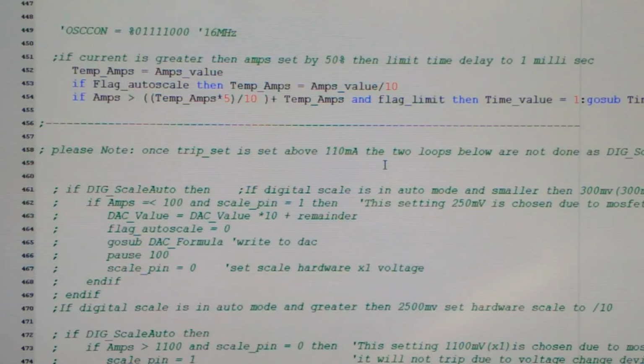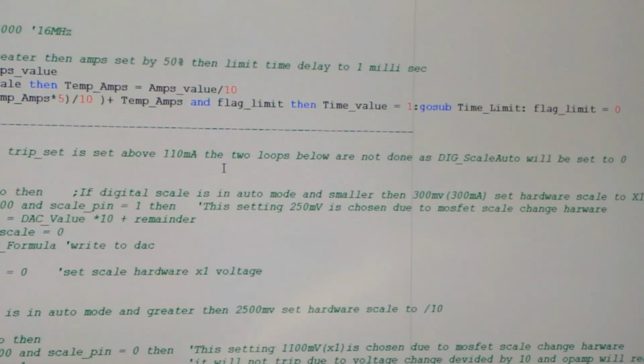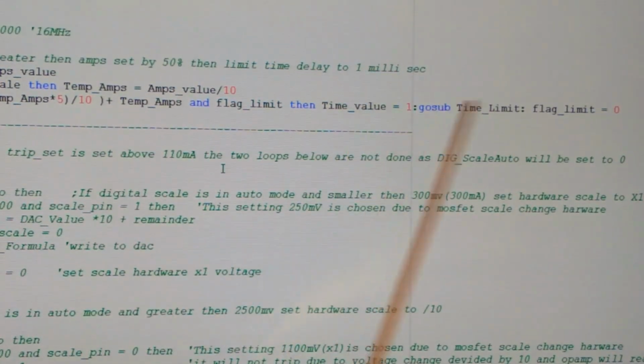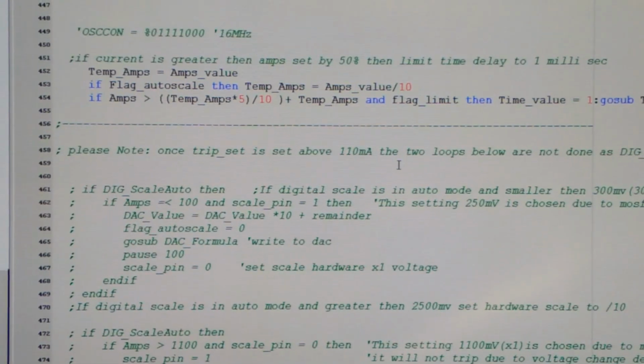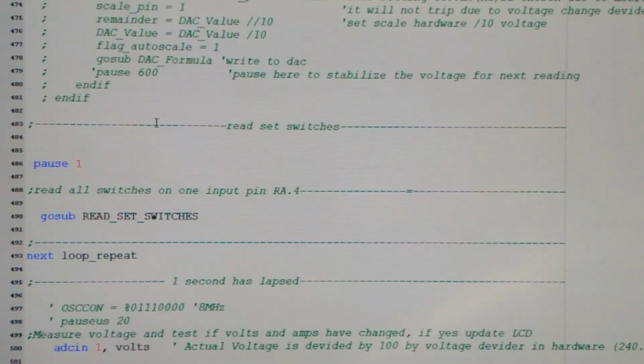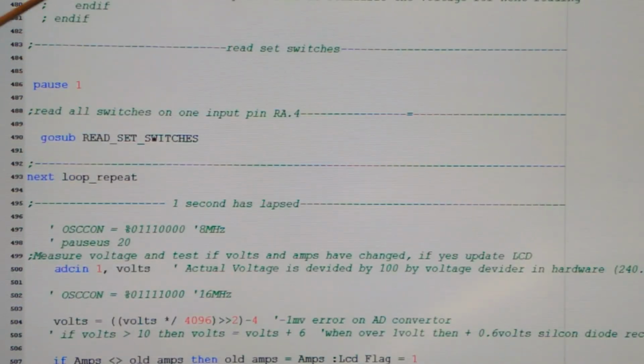Now if you could see that, yep. And then I say gosub time limit, and that's so you go and change your time figure. So that's what that is. After 1 second, that for loop will end, next loop.